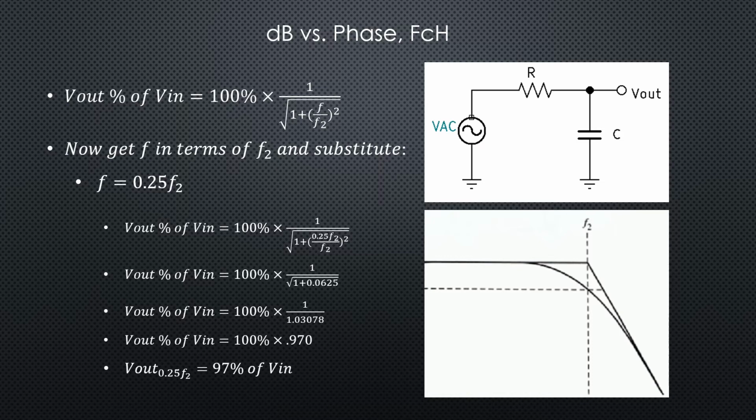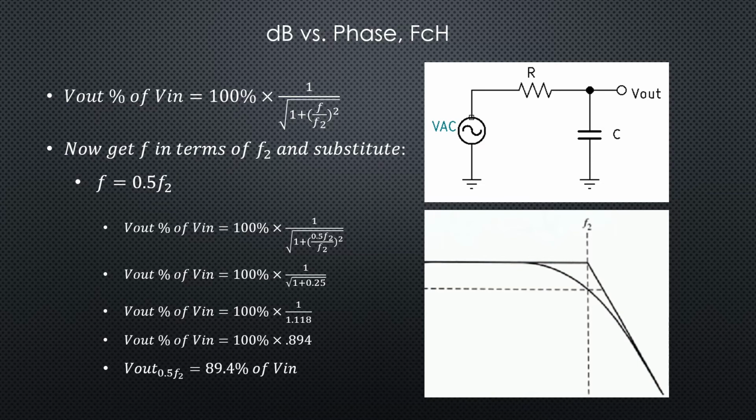But we can now substitute the 0.25 F2 into the formula, and we can start doing some math, and we get an answer. Our V out at 0.25 F2 is equal to 97% of Vn, which we would expect to be pretty high because you're in the band pass.